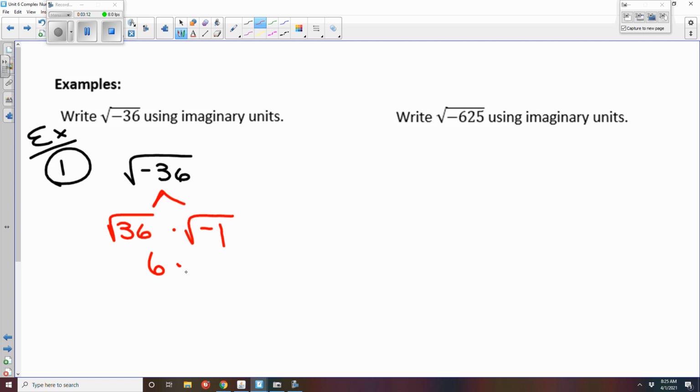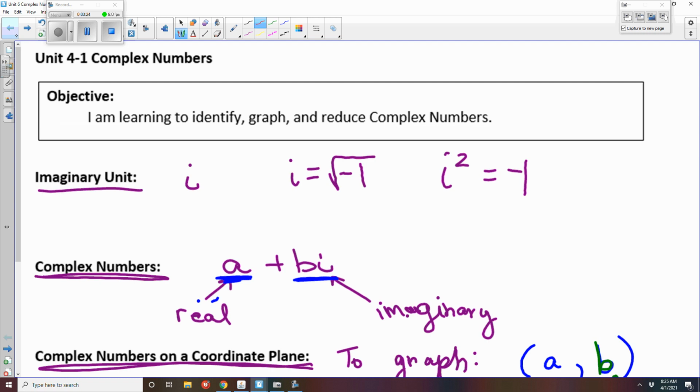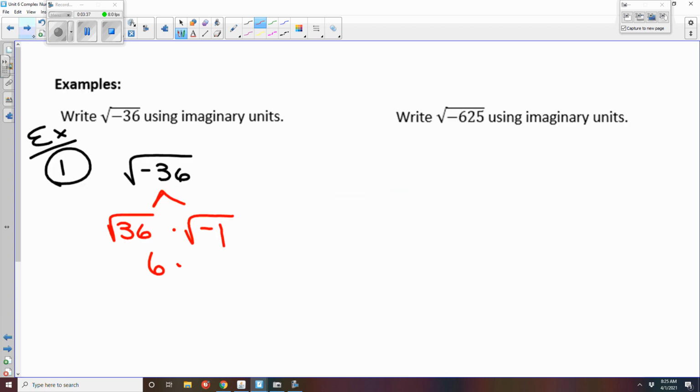And the square root of -1, what did we just say the square root of -1 was? So the square root of -1 is the same thing as what? Remember, these two will be interchangeable. Instead of saying the square root of -1, it's actually going to become our imaginary unit i.